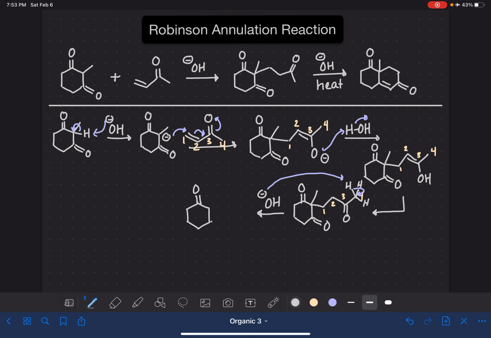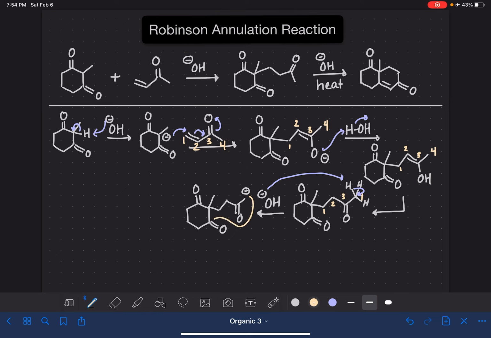If you can recall from when you first learned about aldol condensation reactions that could be used to form a ring, one of the things that you learned was that the ring would only be formed if it was a 5-membered ring or a 6-membered ring. Those are the most favorable sizes. 1, 2, 3, 4.